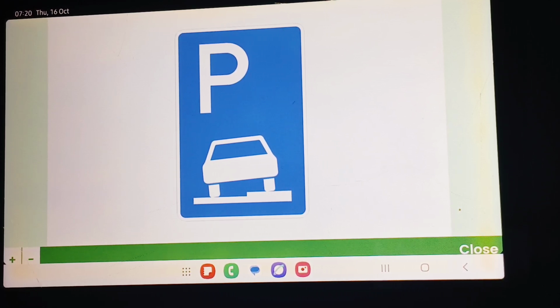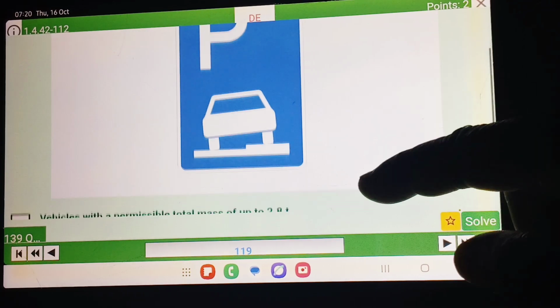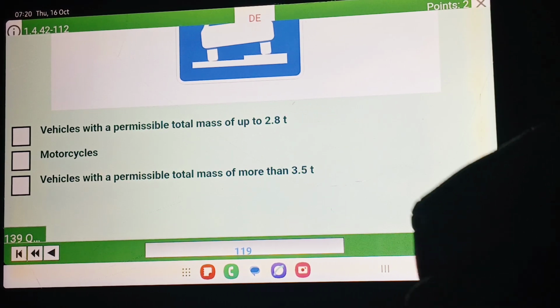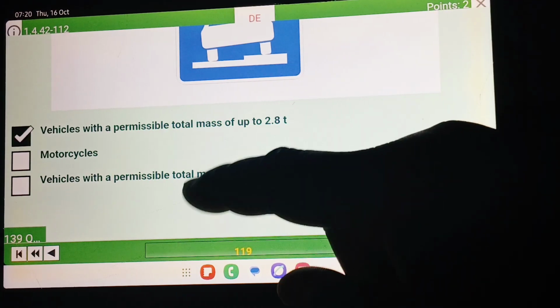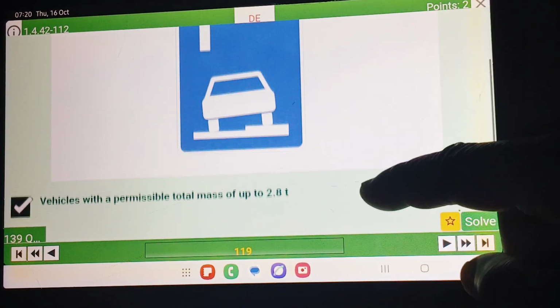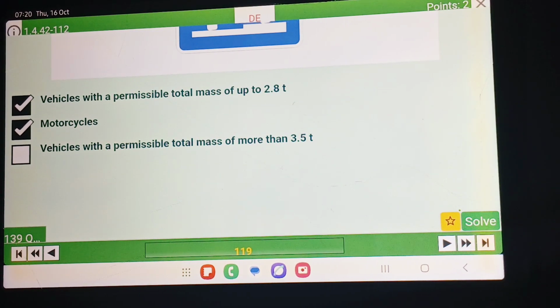Only vehicles that have a total mass of 2.8 tons can park here. Vehicles with a maximum total mass of 2.8 tons and motorcycles can also park like this. But if your vehicle is more than 2.8 tons, you can't park like this.